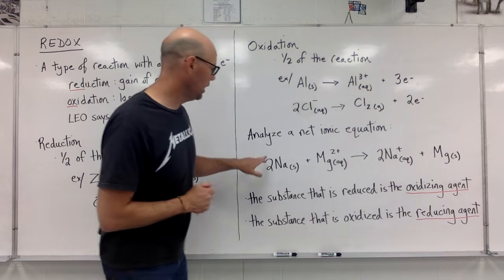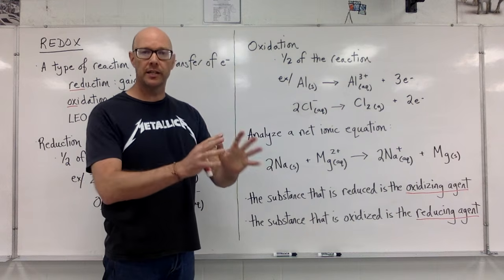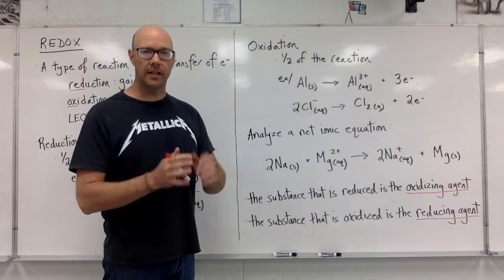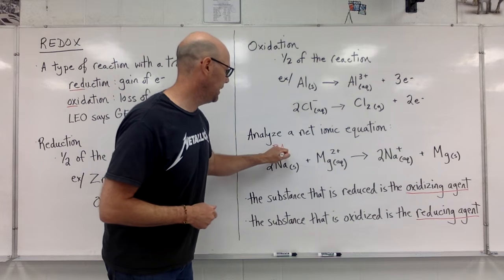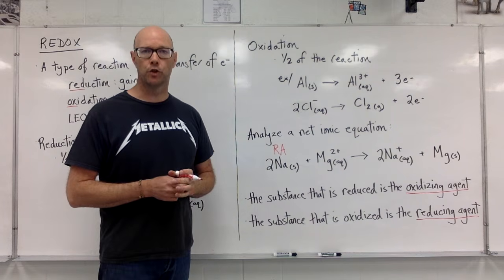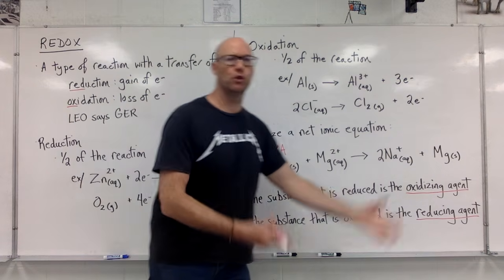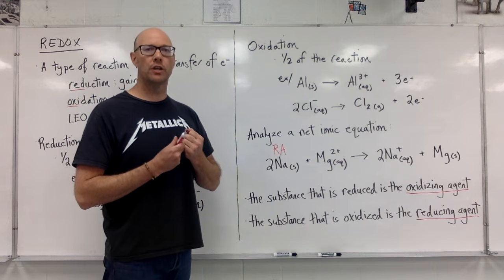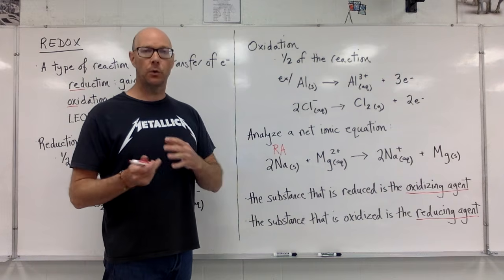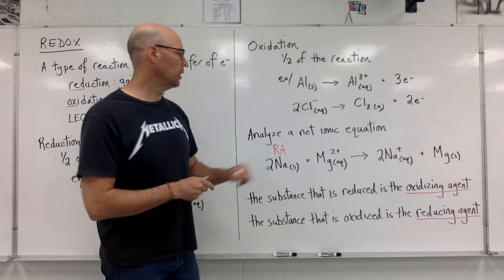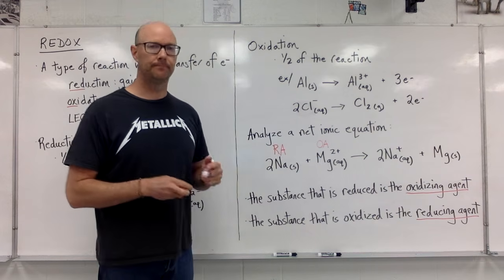So, the sodium became positive by losing electrons. It underwent oxidation. That means it's the reducing agent, RA for short. The magnesium was positive. It became neutral. It gained negative charge. It gained electrons. It underwent reduction. And because it underwent reduction, we call it the oxidizing agent.